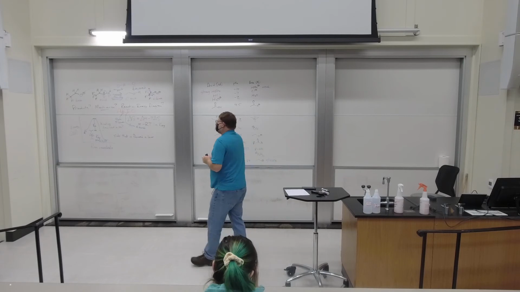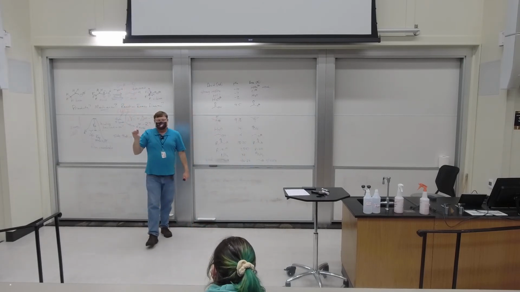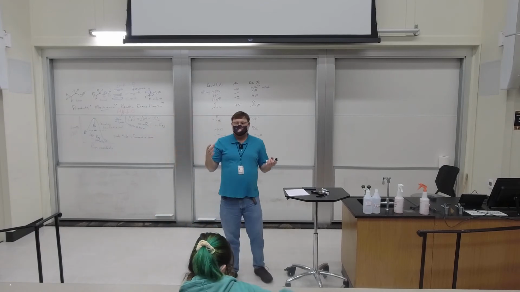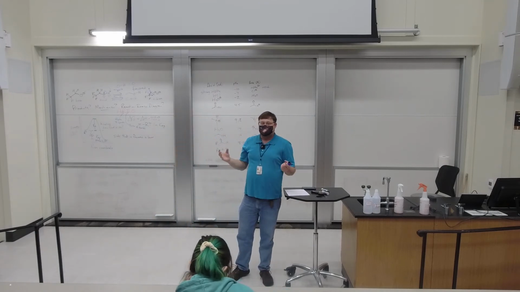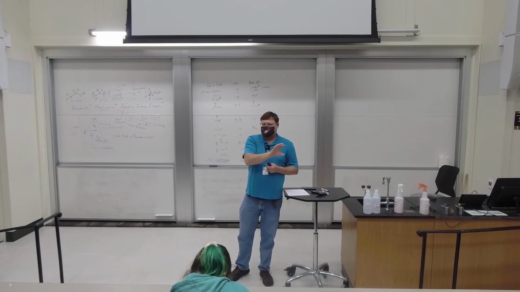The other thing is, how likely is it that we can achieve this geometry where they're linear? Is there something that just completely prohibits that from happening? If there is, the reaction won't happen. No matter how favorable it might be, if the basic atom, the H, and the atom that the H is bonded to can't form a line, the reaction doesn't happen. Again, that's pretty rare, but it's something you should consider.